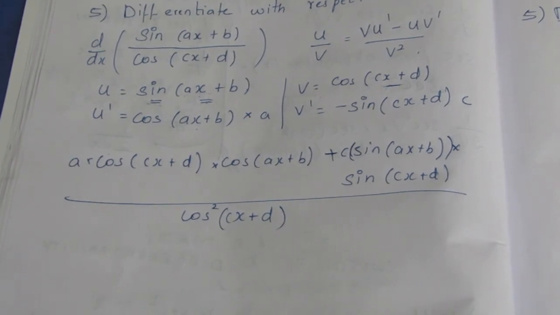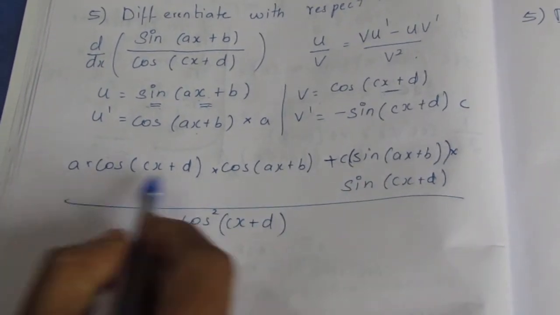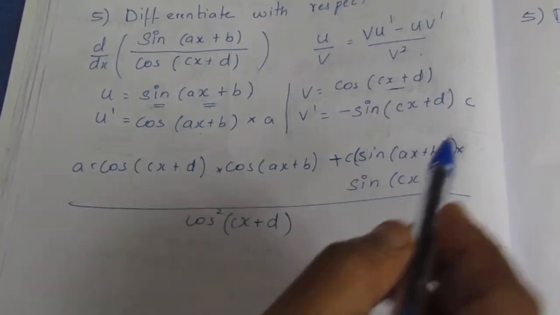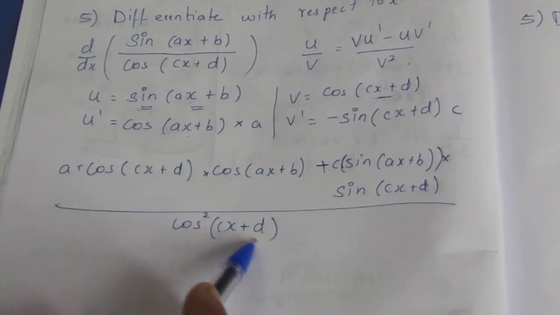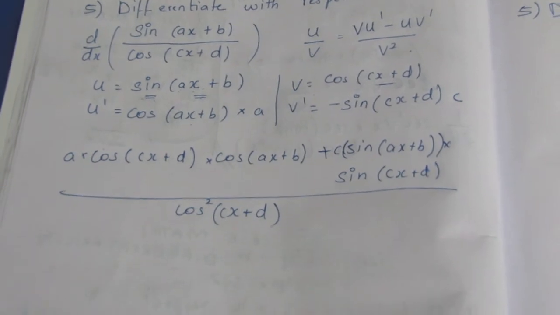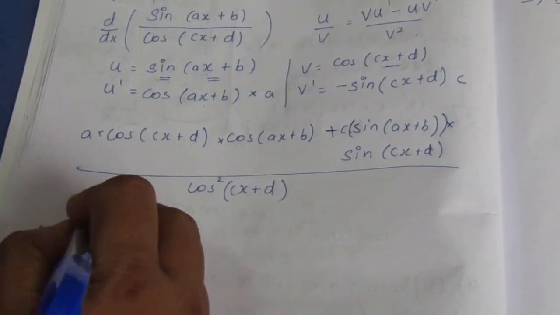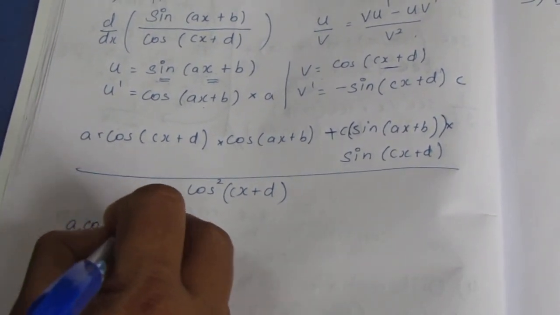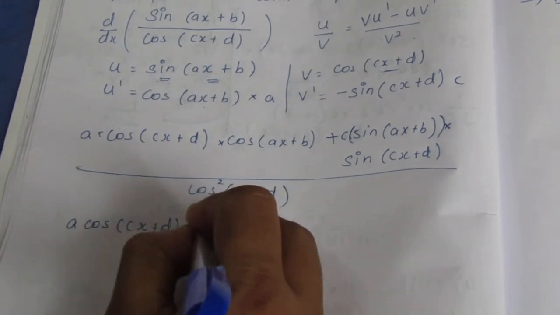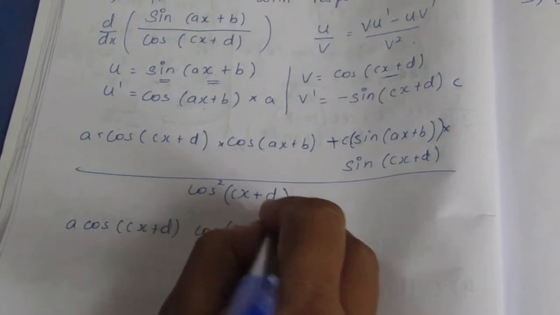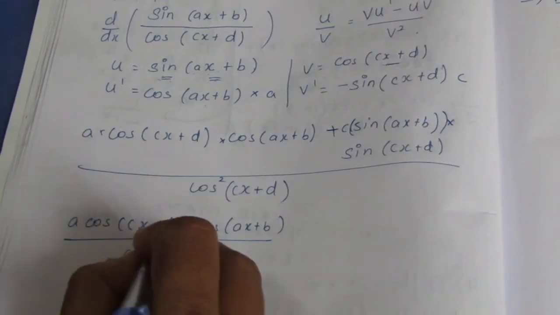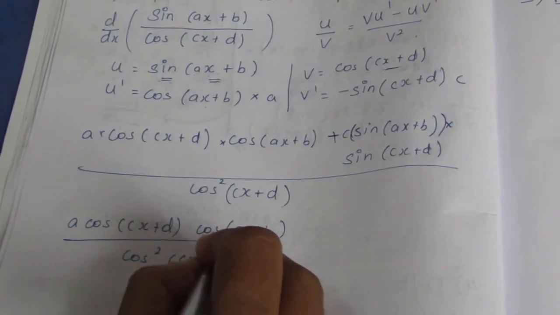That's all. We can't simplify it further. There are no like terms here, so we can't solve it. Let me split the denominator. Here it becomes cos(cx+d) into a cos(ax+b) by cos square(cx+d).